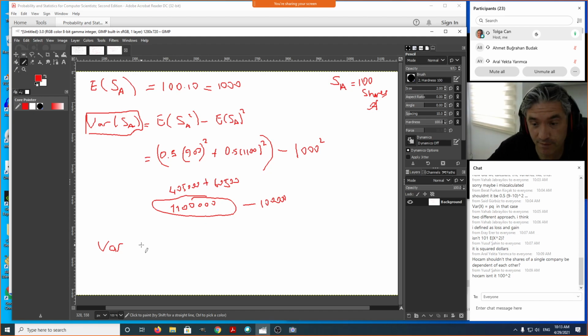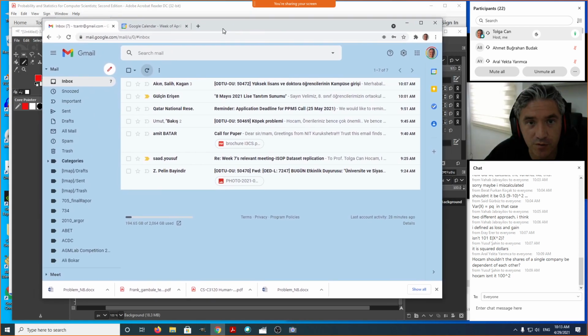That's the variance in squared dollars. All right. Let me just compute that one. I can actually do it directly here. Let me use Google.